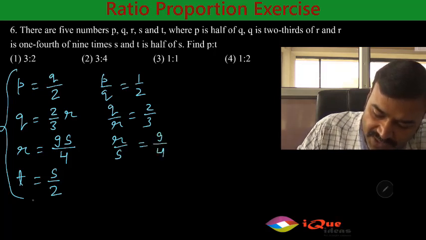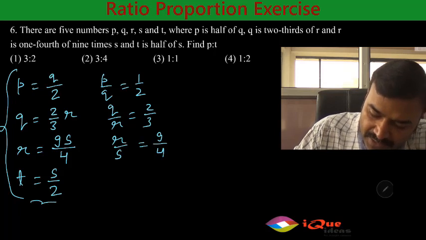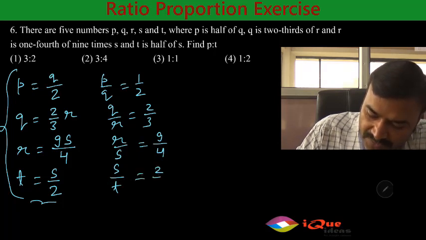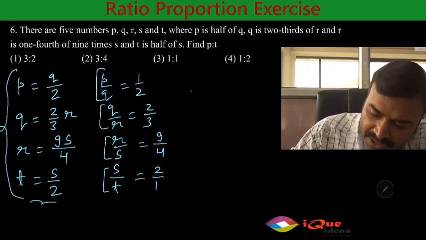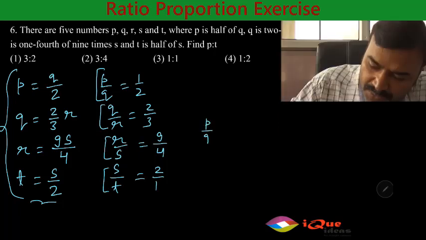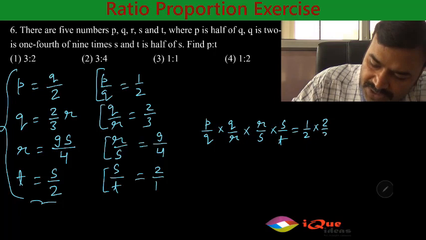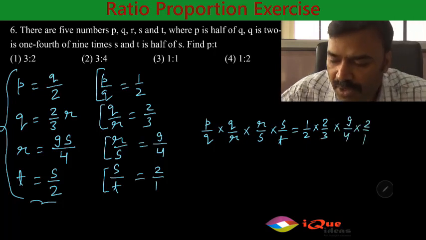From the last one I'll write in a different manner: S by T. T goes to the other side, 2 comes to the left hand side, so it becomes 2 by 1. If I multiply all these ratios, just see what happens. We get P by Q into Q by R into R by S into S by T, and that product will be equal to 1 by 2 into 2 by 3 into 9 by 4 into 2 by 1.